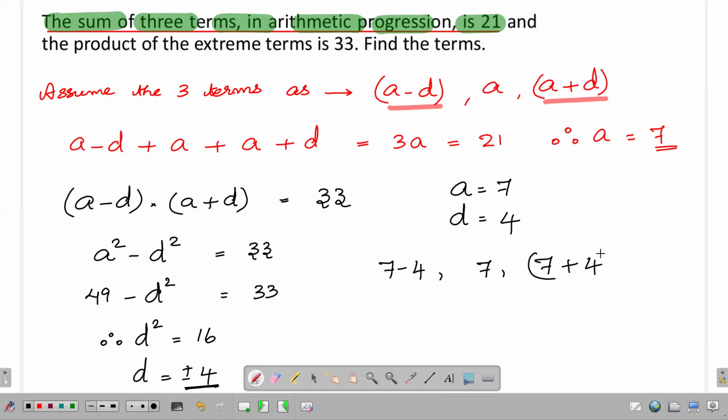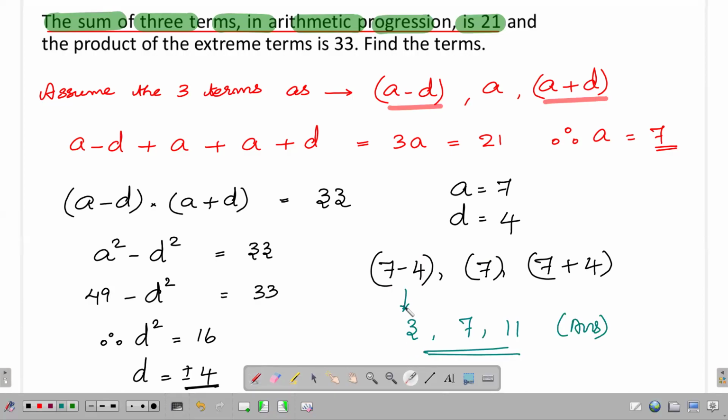You are asked to find those 3 terms. 7 minus 4 is 3, you have the 7 here, and 7 plus 4 is 11. So the 3 terms are 3, 7 and 11.